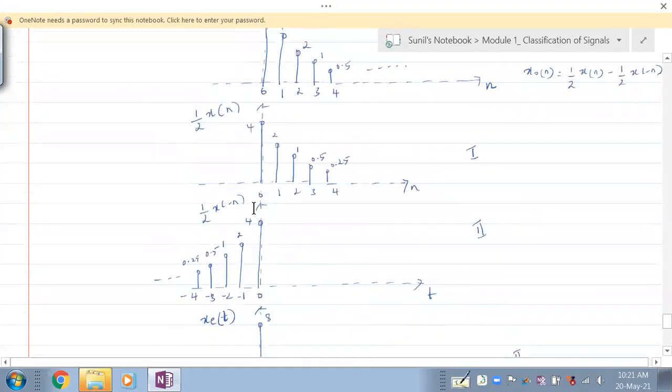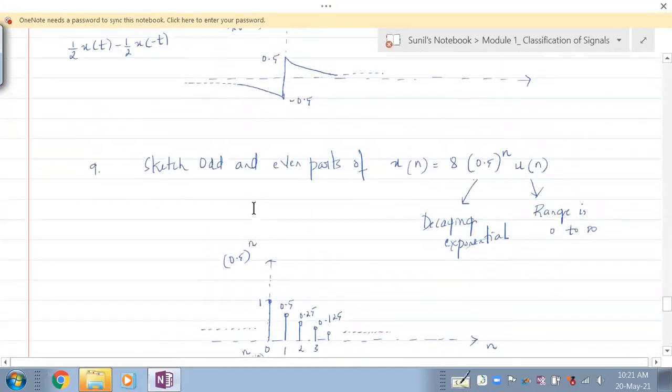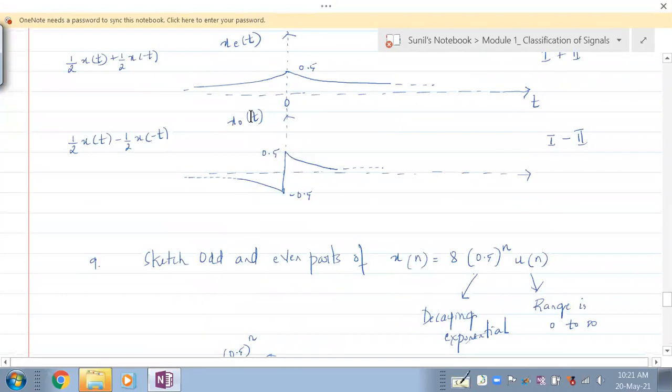But if you take the continuous time signal that we had seen in the previous case, see here, this is the odd signal, but you don't see 0 here at t equal to 0. What does that mean? It means that you have plus 0.5 and minus 0.5, right? So if you take the algebraic sum of whatever values are there, again that becomes 0. So it's 0.5 minus 0.5. If this is 1, this is supposed to be minus 1. It cannot happen that if this is 1, this would be minus 0.5. No. And it does not happen that if this is minus 1, this would be 0.5.